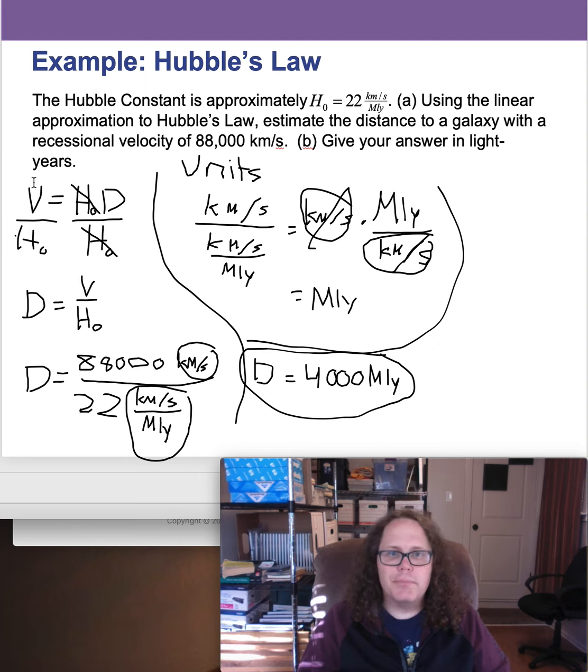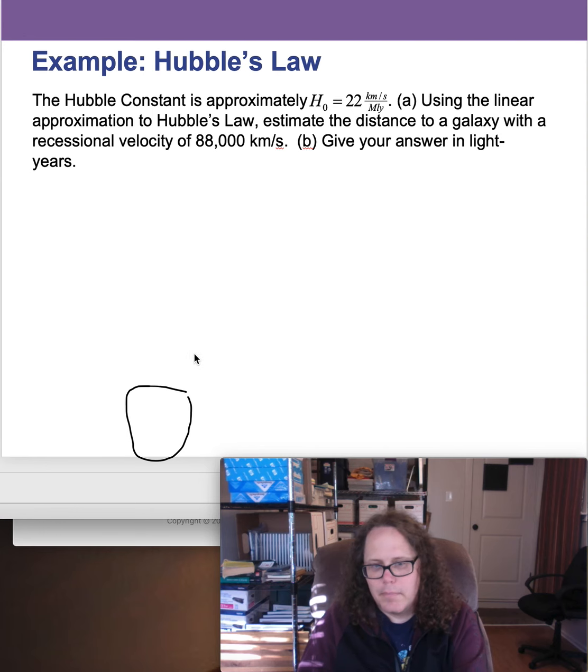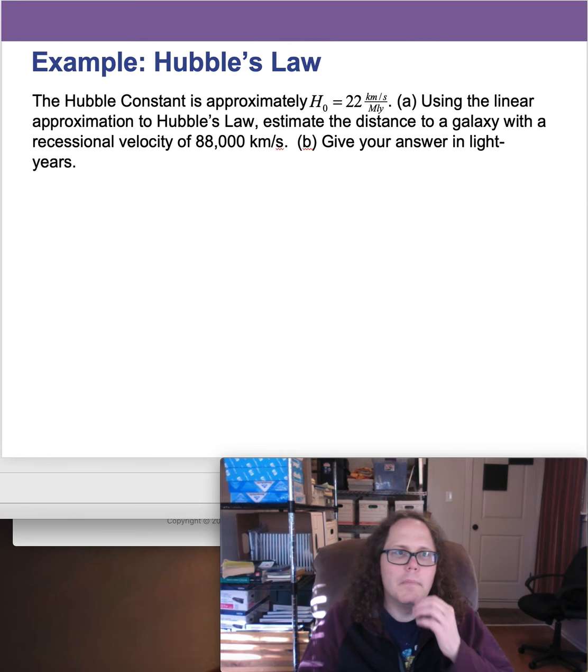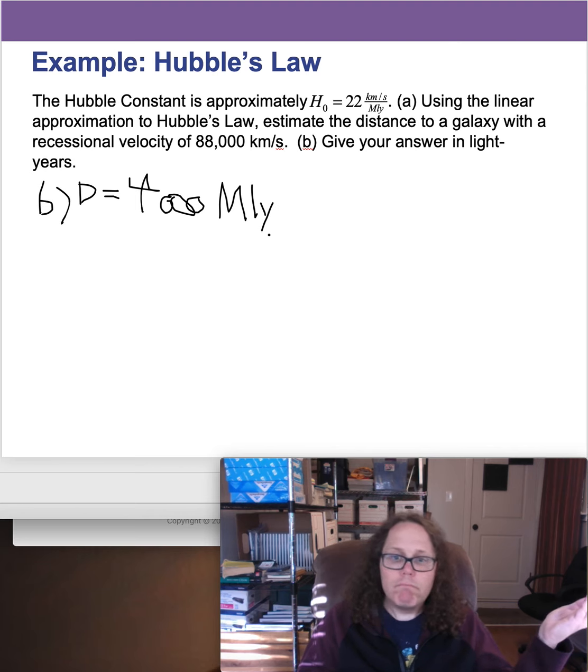Now let's do part B. We're going to start with the answer. 4,000 mega light years. Well, mega just means million. Mega light year is a million light years.